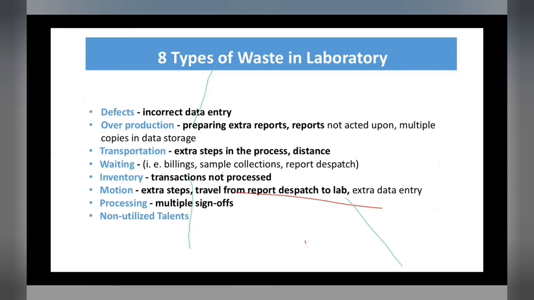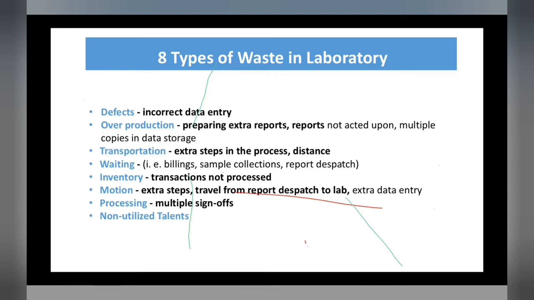This is waste. In transportation also, if you are not following proper guidelines, waiting time is high for billing, for sample collection, report dispatch, inventory is not managed properly, or some talent of a particular person is not utilized properly.